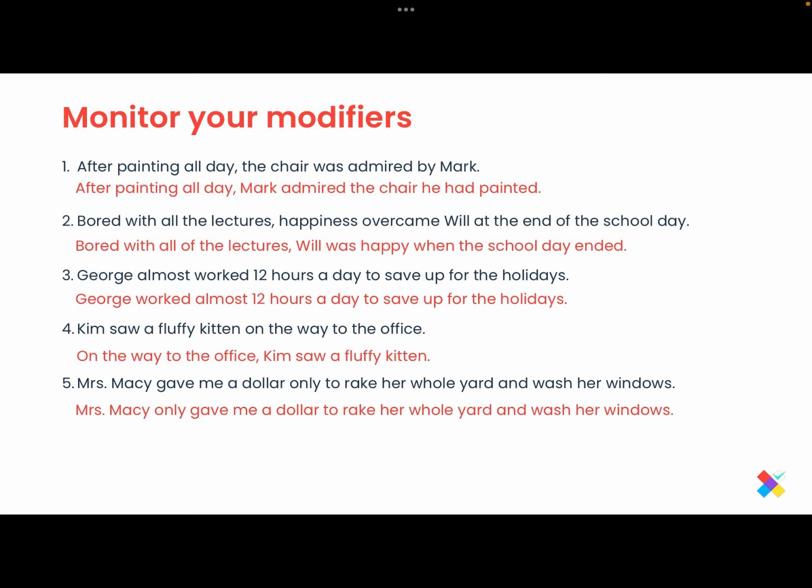The writer could be pleasantly surprised to receive a whole dollar to do all the work. Based on the amount of work done, however, it's more likely the speaker felt underpaid. So that requires us to move the modifier. Mrs. Macy only gave me $1 to rake her whole yard and wash her windows. It's a different perspective here.